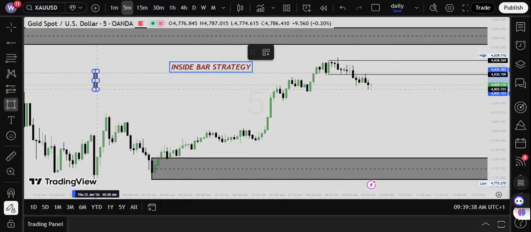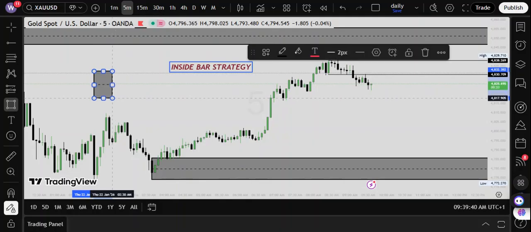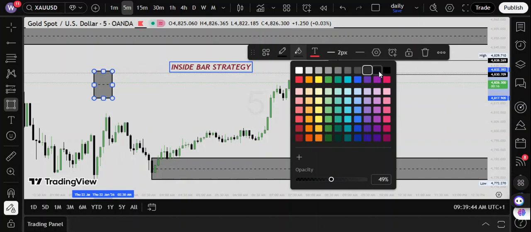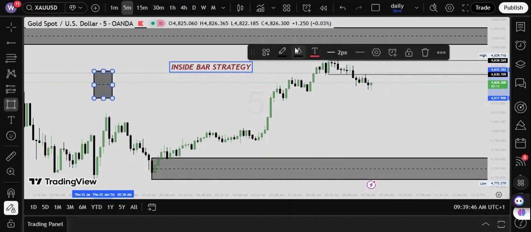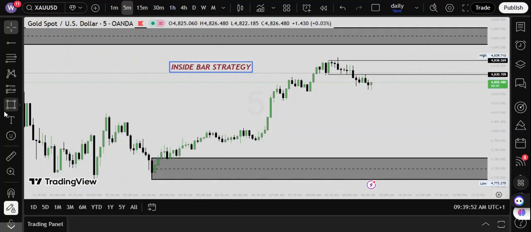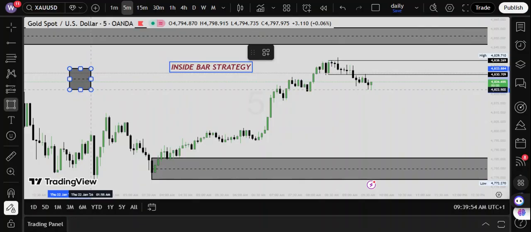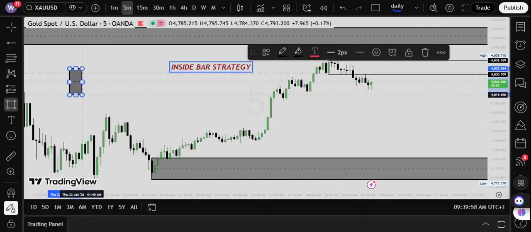Let's say you have the first candle opening this way. Just stay with me. Let's say we have a candle forming this way, and we have another candle that opens and closes this way.